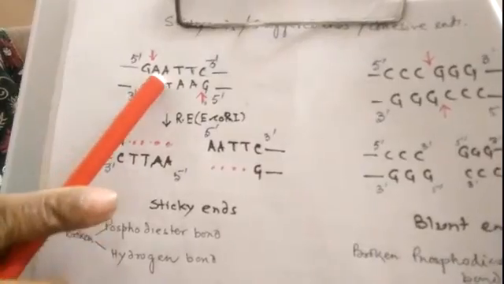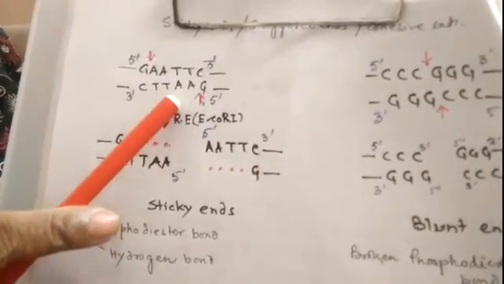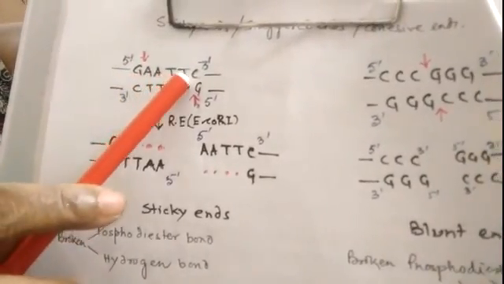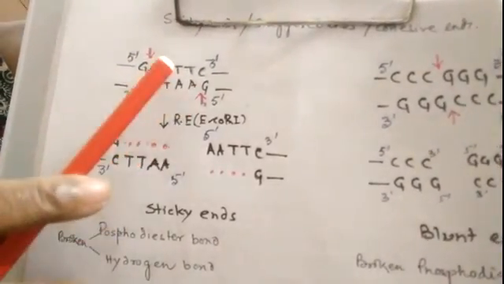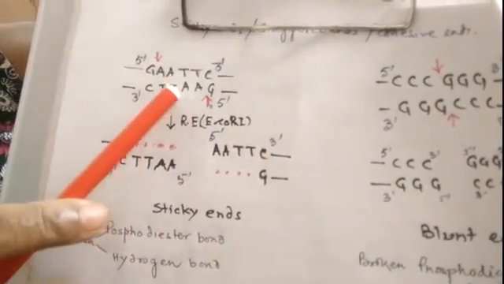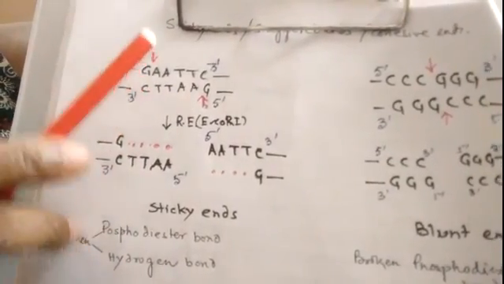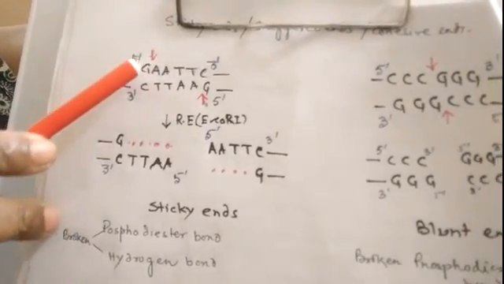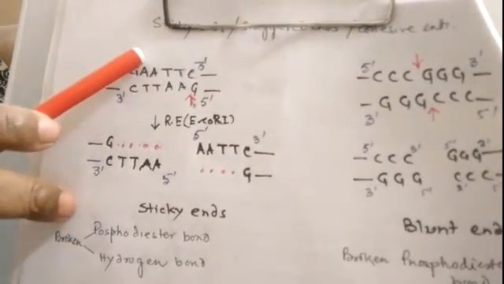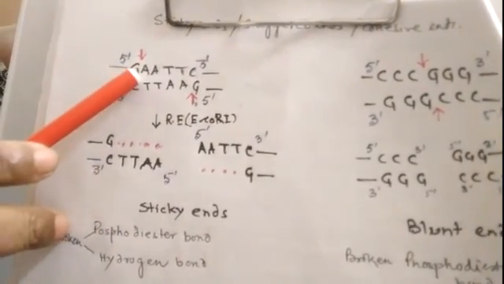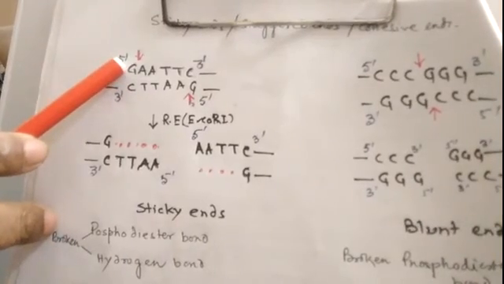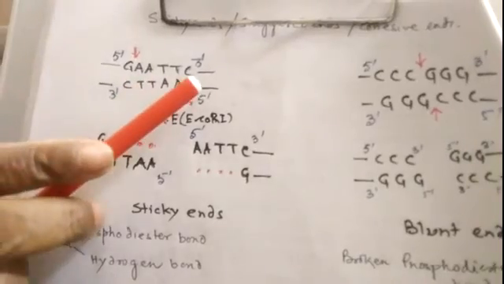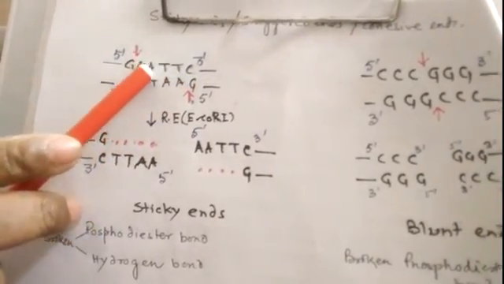So this is the site where EcoR1 cuts and EcoR1 produces a sticky end. So let us see, this is GAATTC and this is CTTAAG, palindrome recognition site of the EcoR1, and EcoR1 is supposed to cut in between the G and A. So in this strand, it will cut between G and A, and as a result, we will be left with the G with this part, and we will be left with the CTTAA in this part.